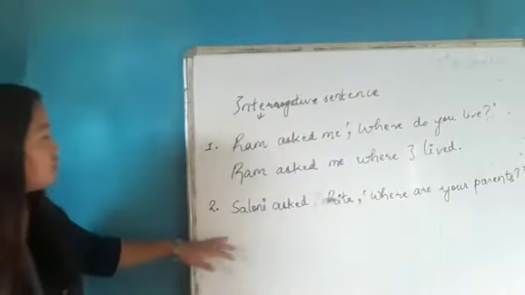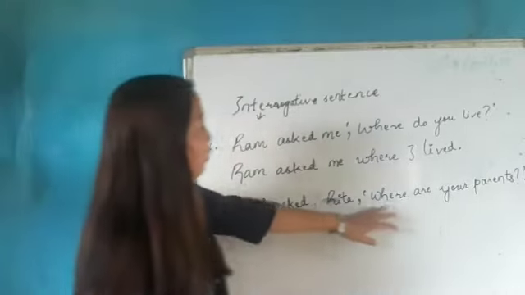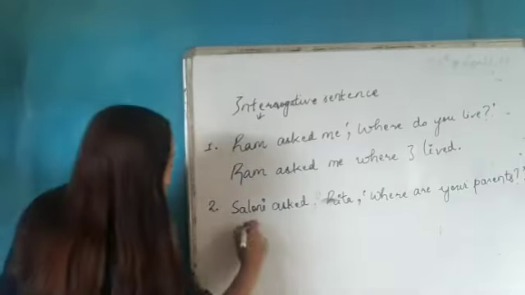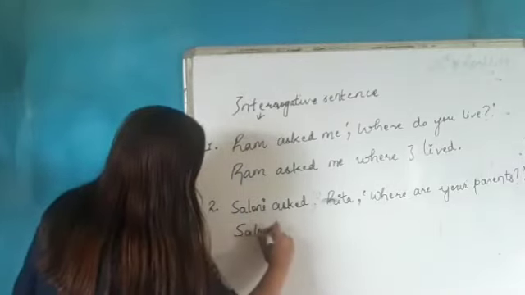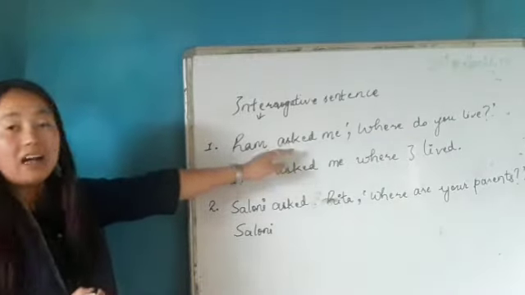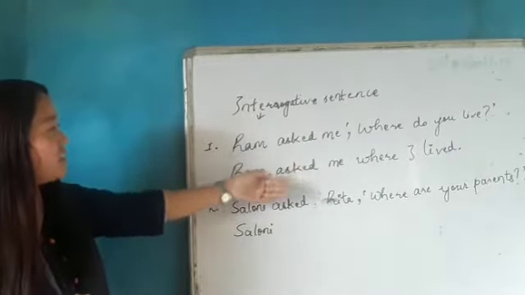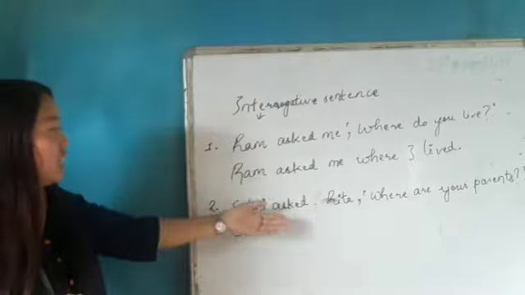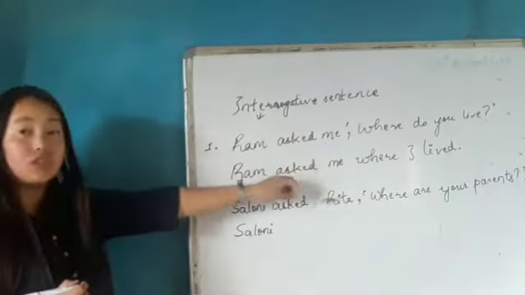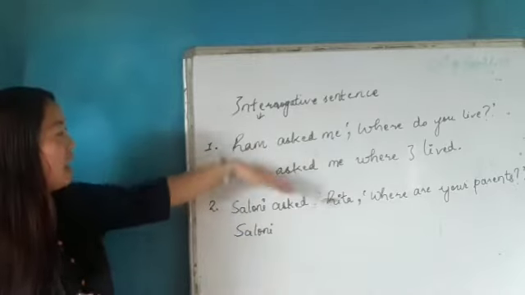Okay, so Saloni asked Rita, "Where are your parents?" When we are changing it into indirect speech, in some cases there might not be asked or inquired; in that place, there might be told or said. Whenever you see a question mark, most probably that is a question, so you need to change it into asked or inquired.